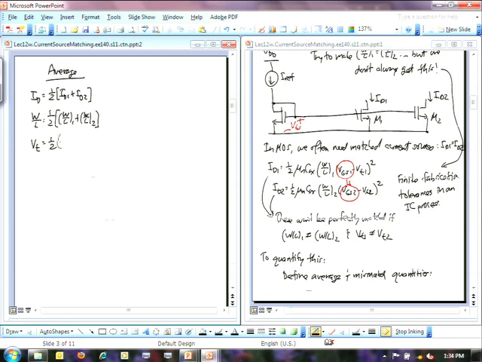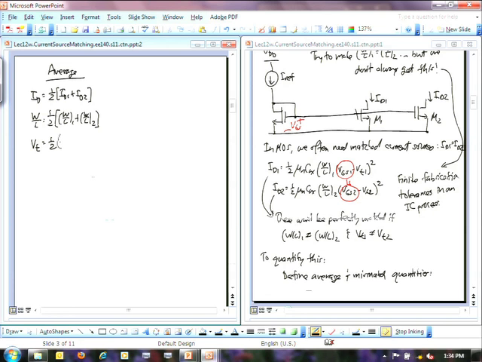Just to be complete, W over L1 is the average quantity W over L plus delta W over L over 2, and W over L2 is that average quantity W over L minus delta W over L divided by 2.